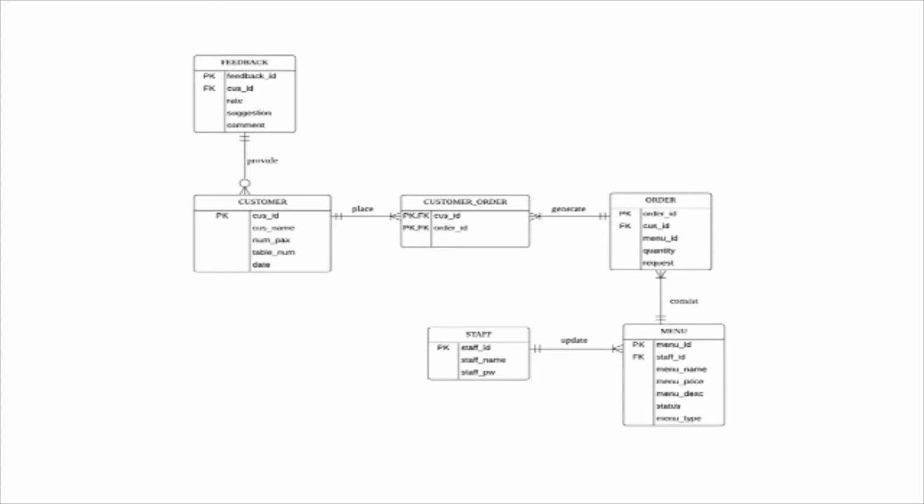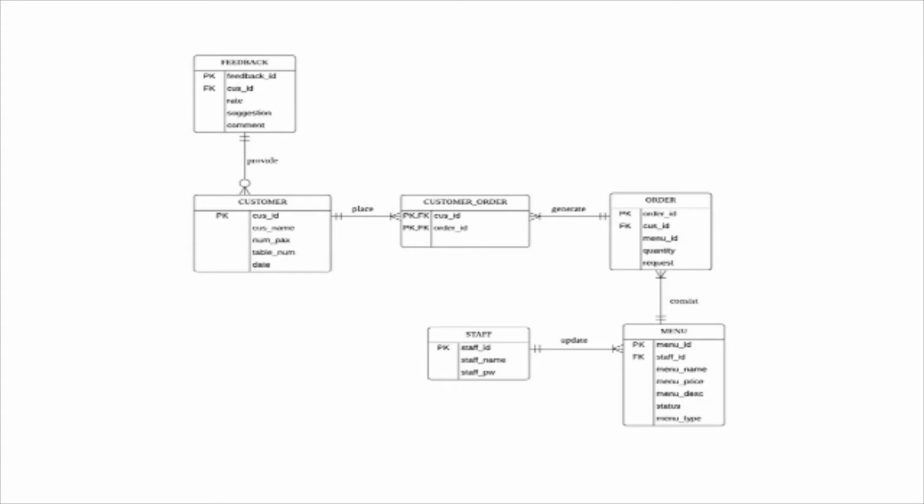Each customer can place one or many customer orders, and each customer order is placed by one and only one customer. So the attributes in the customer order are cust ID and order ID. Cust ID is the primary key and foreign key and is obtained from the customer entity. Order ID is also a primary key and a foreign key and is taken from the order entity.